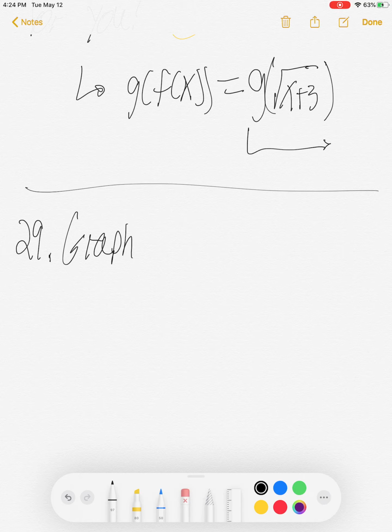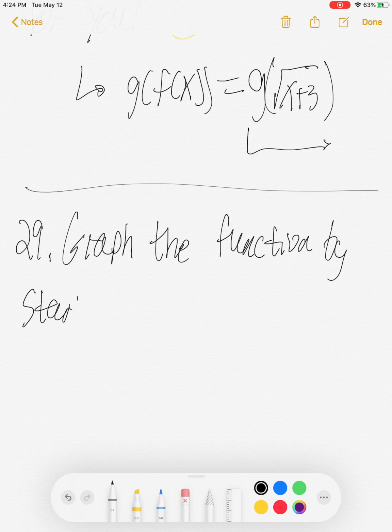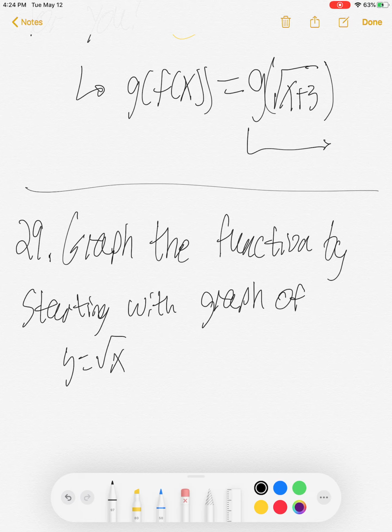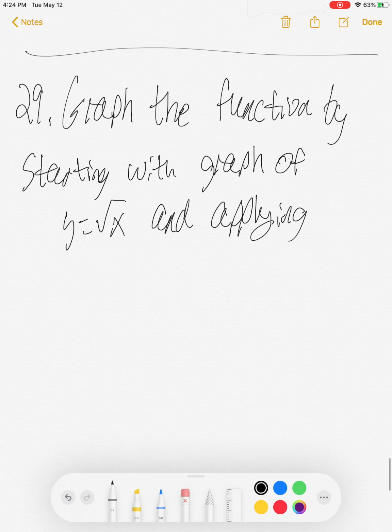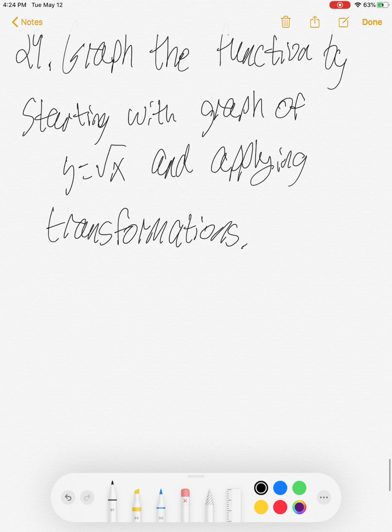So it says graph the following function. I'm going to abbreviate here: graph the function by starting with the graph of y equals root x and applying transformations. I don't think we'll actually graph it here, but I'm going to talk through at least what the different transformations look like.